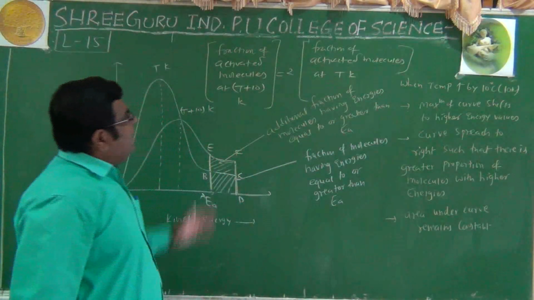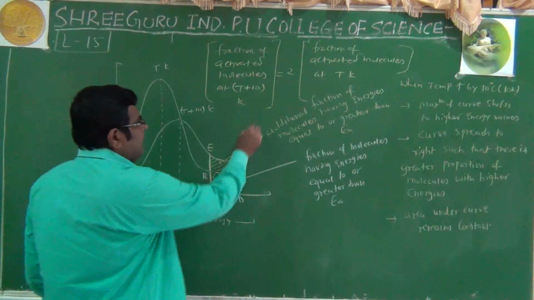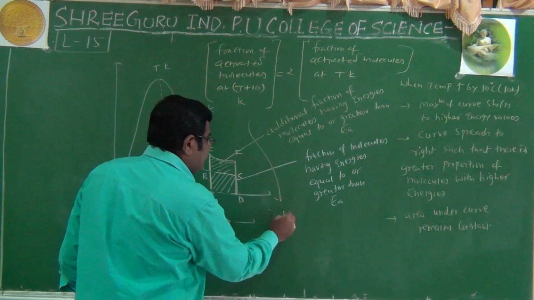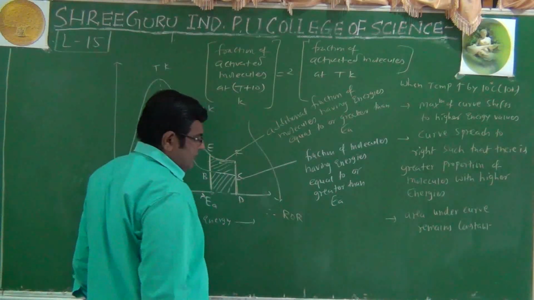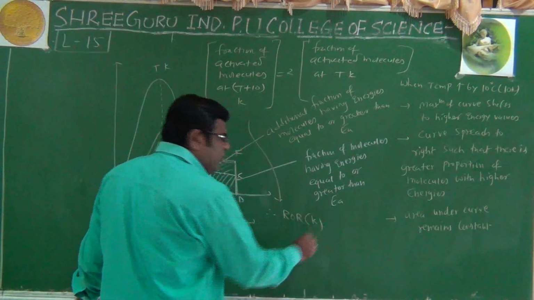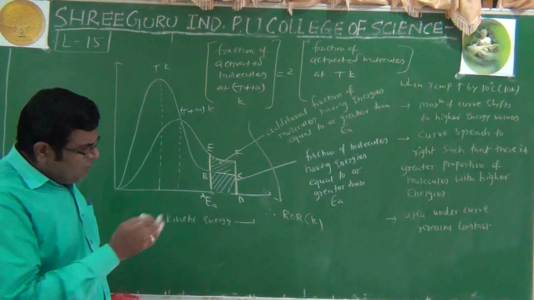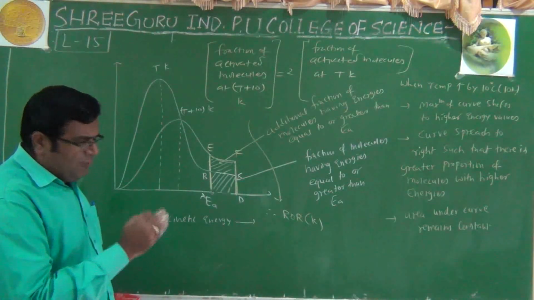So there are 2 times. That's why you can say rate of reaction or rate constant. They may ask, they may use any word. You have to change that word according to the question.